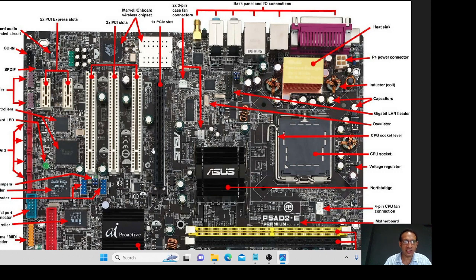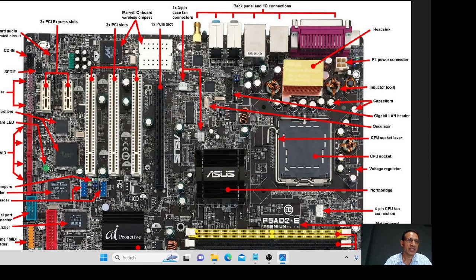It's the fastest graphics port, which can be used for VGA, visual display cards. And here there are PCI Express slots. PCI Express slots are used for communication devices.